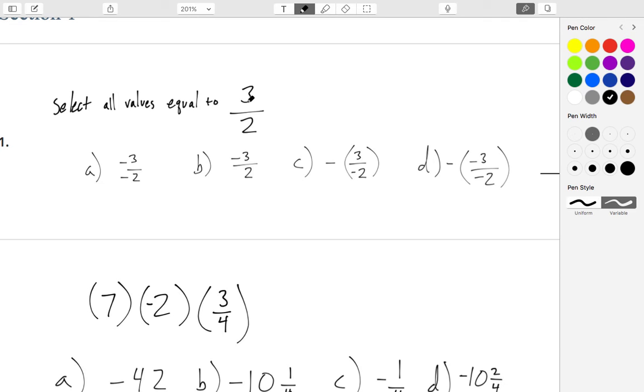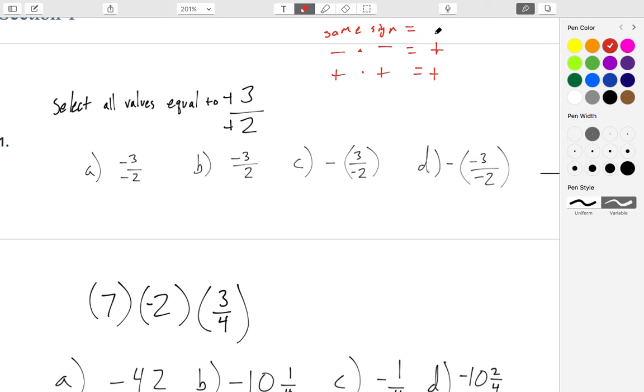Yep. In order to do this problem, you have to think of this as a positive divided by a positive. So this goes back to your multiplication rules because it's the same. If it's the same sign, what do you notice? What's a negative times a negative? Positive. What's positive times positive? Positive.